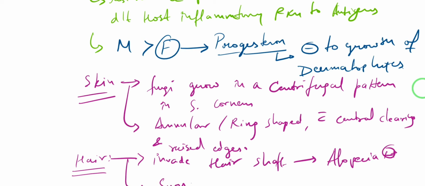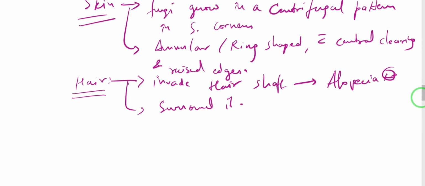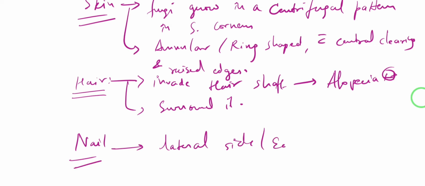In case of nails, they infect from the lateral side or edge of the nail and then cover the whole nail, causing onychomycosis, an infection of the nail.